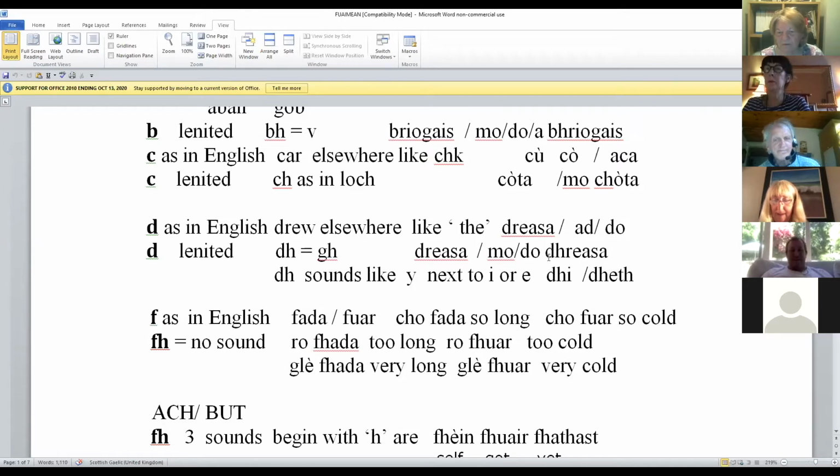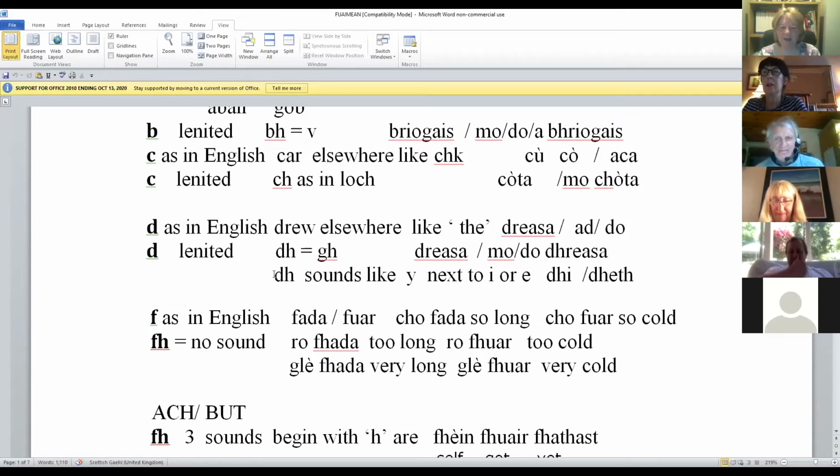Give it a go. This shouldn't be hard because this is just like a French R in a way. So dresse, mo gresse. Well done.